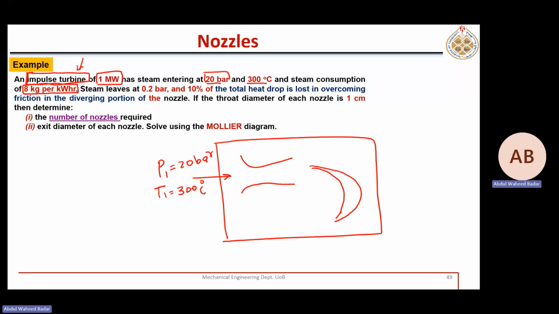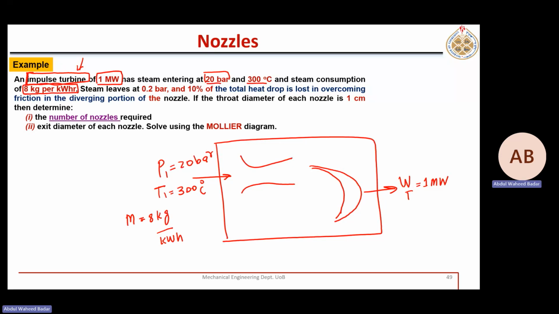And the steam consumption and the power output of that turbine is given: 1 megawatt, and steam consumption of 8 kilograms per kilowatt hour. Where steam consumption is given as 8 kilograms per kilowatt hour, the amount of steam which is flowing to produce 1 kilowatt hour is 8 kilograms.